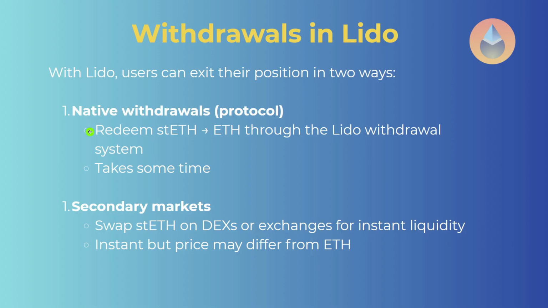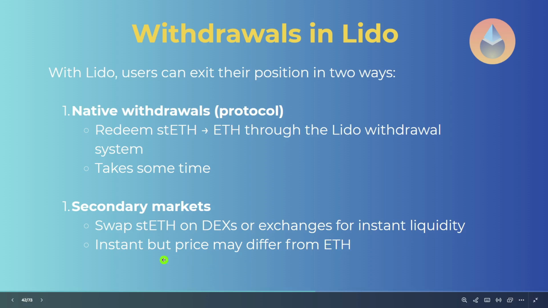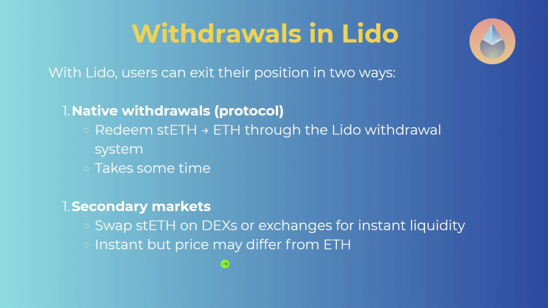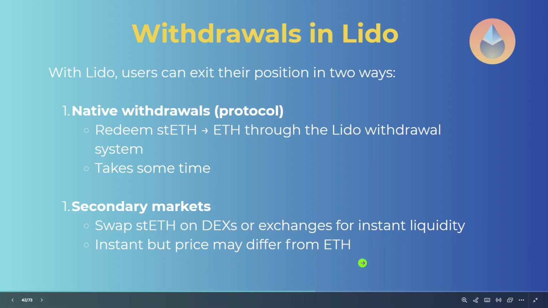We redeem stETH through the Lido withdrawal system, and this of course takes a little bit of time. Or we can also use secondary markets, so we can swap stETH on a DEX or other exchanges for instant liquidity. In this case it is instant, but the price may differ.